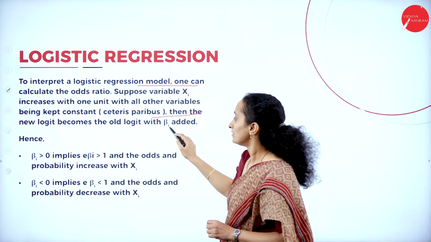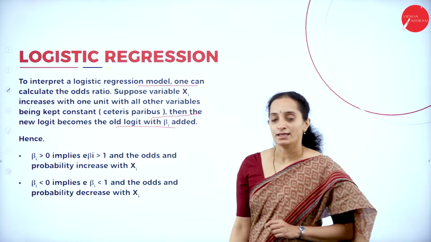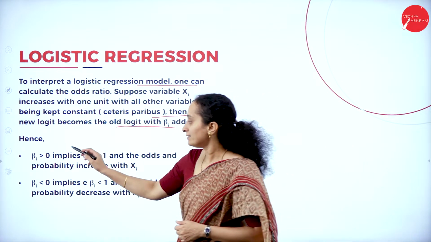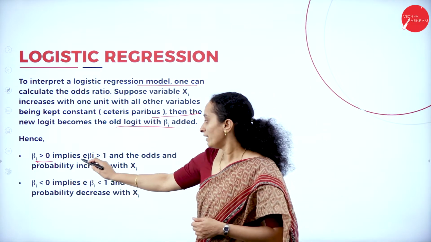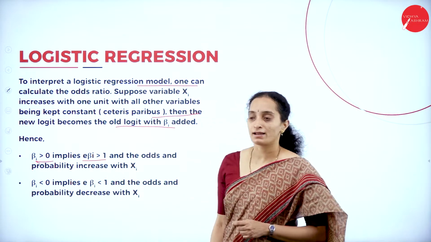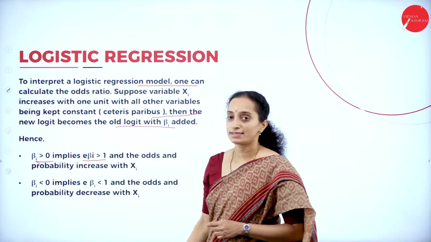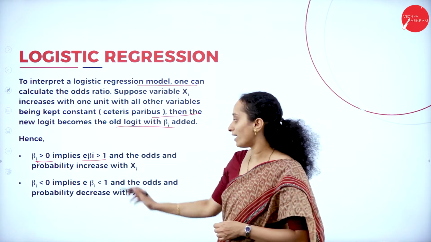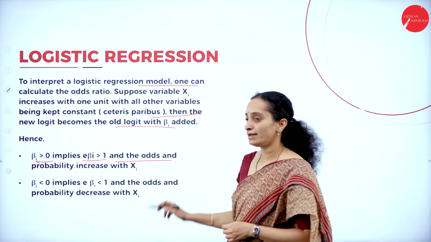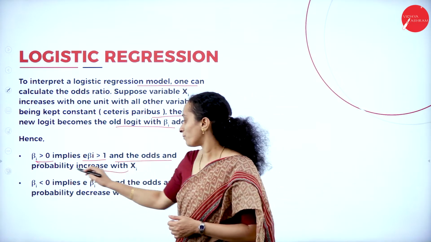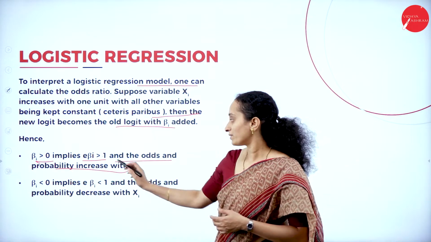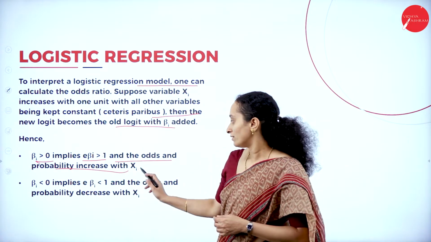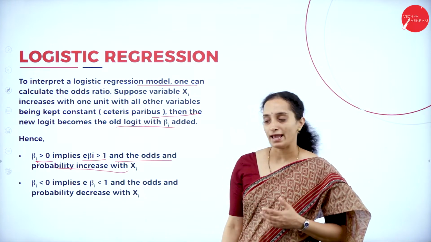To interpret a logistic regression model, we use the bi value. If bi is greater than 0, it implies the exponential value of bi is greater than 1, and the odds and probability increase with xi.